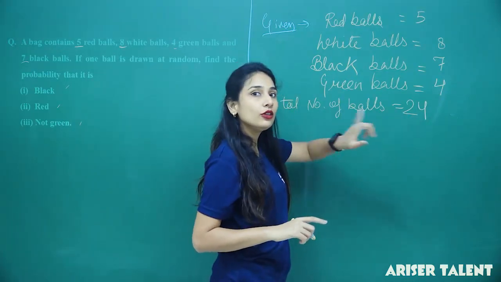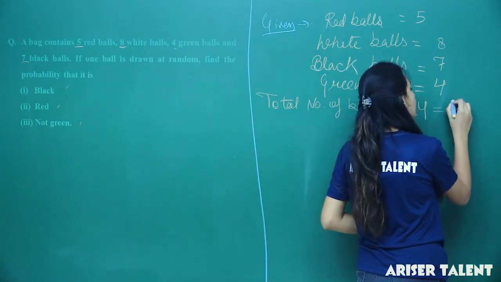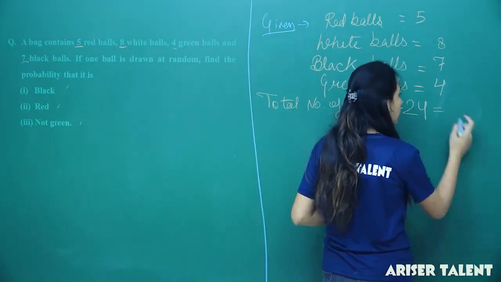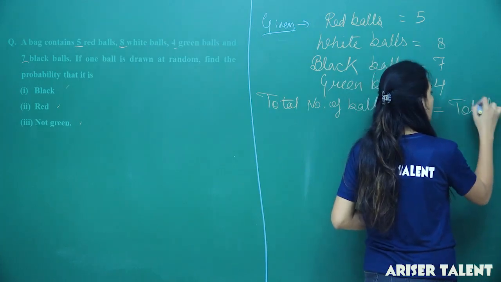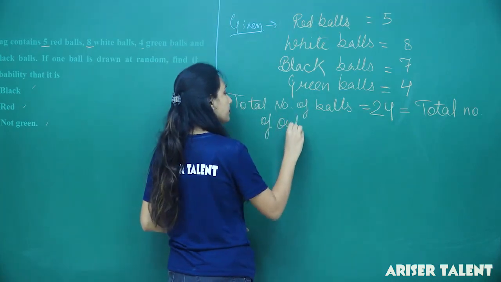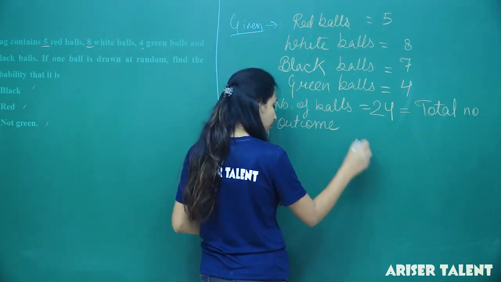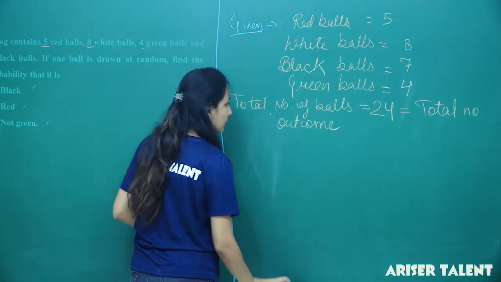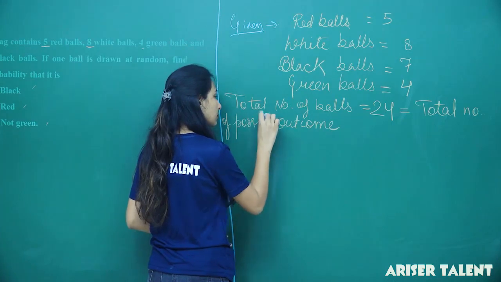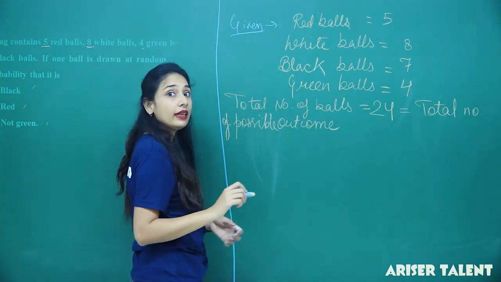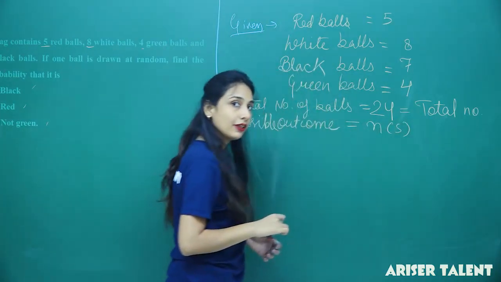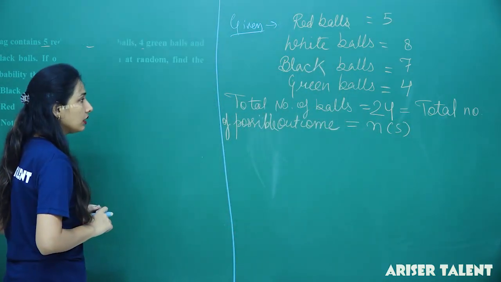Now this is what is equals to total number of possible outcomes, or may I denote it with this NS, right? NS will be the same in all.